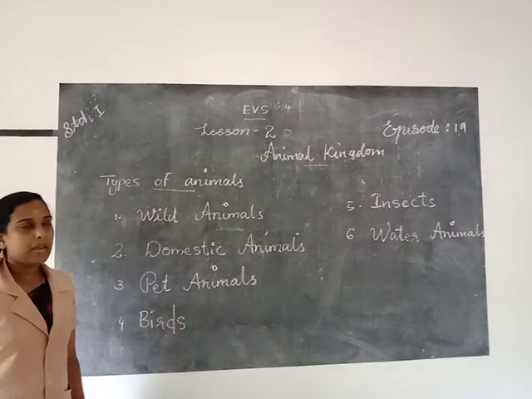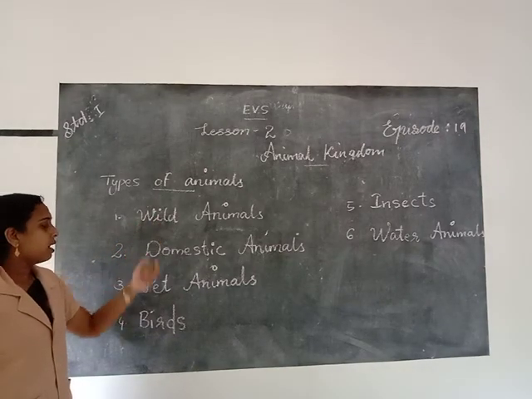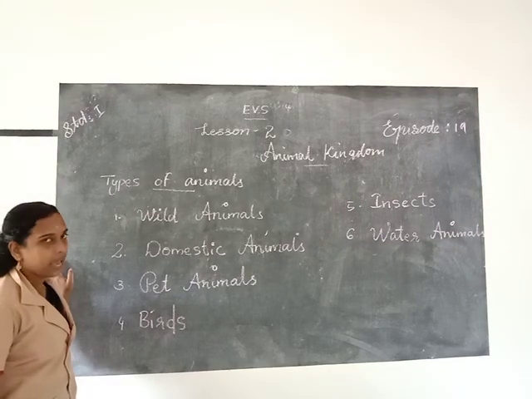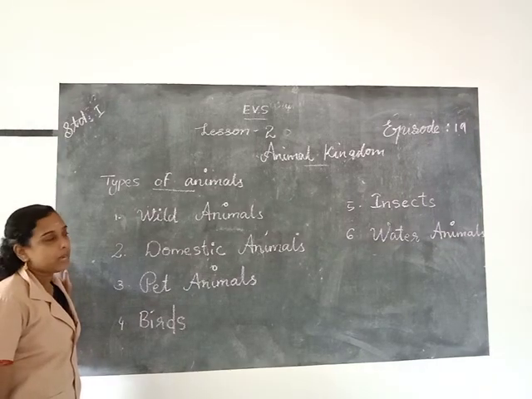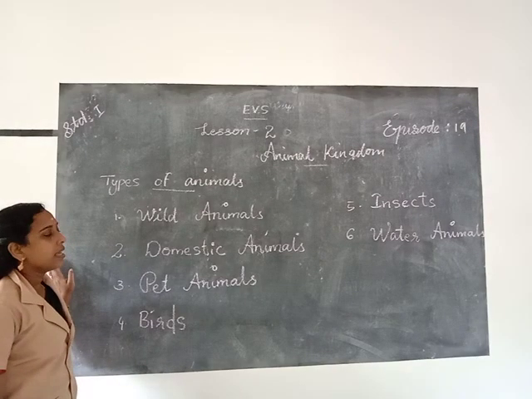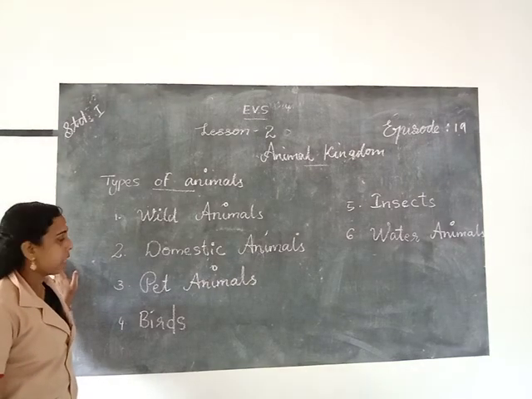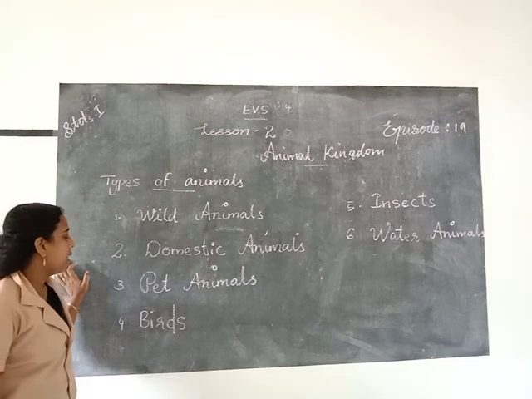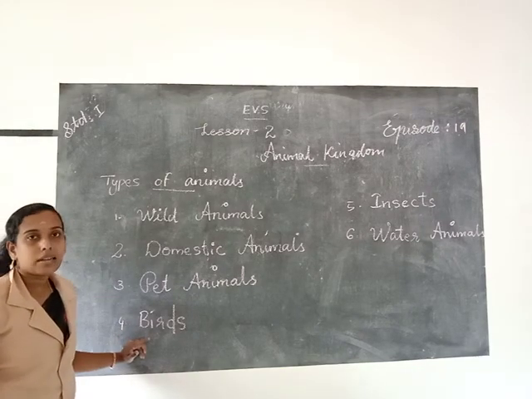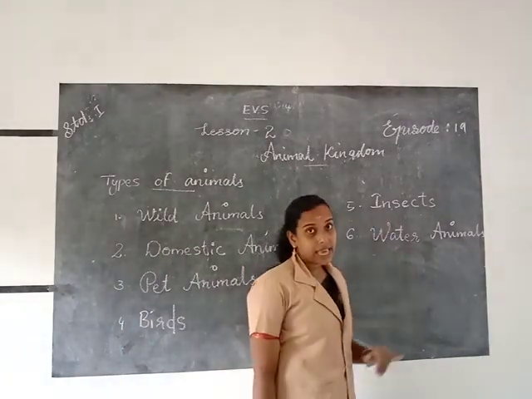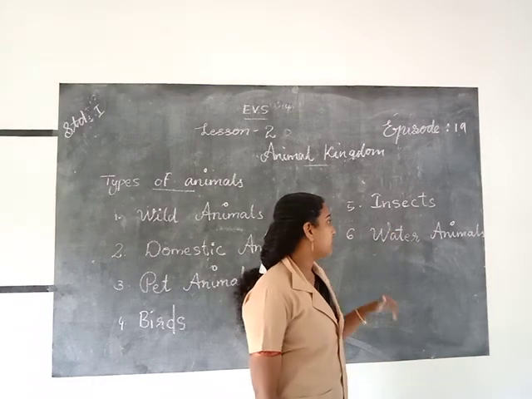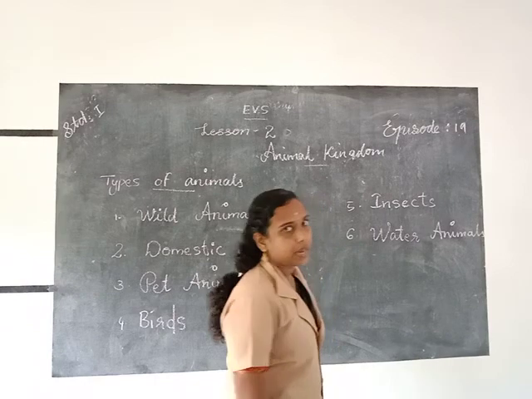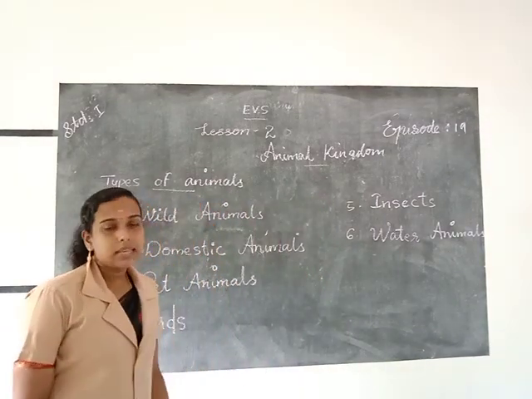First one, wild animals. So these are the 6 types of animals.